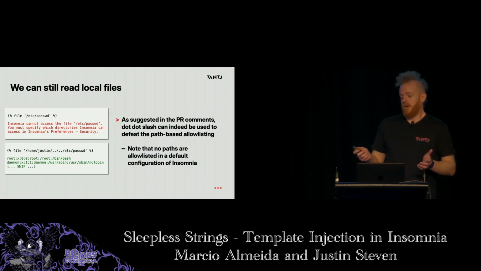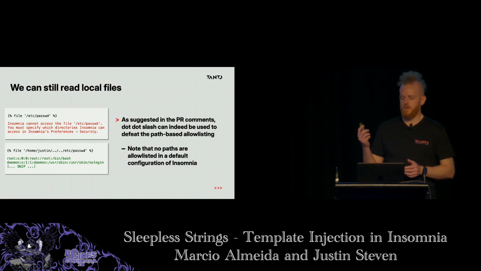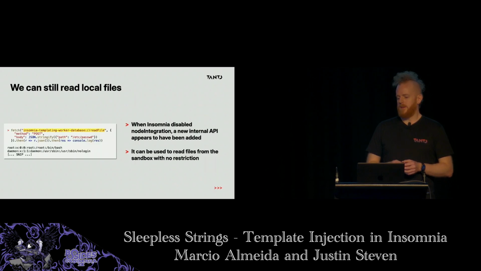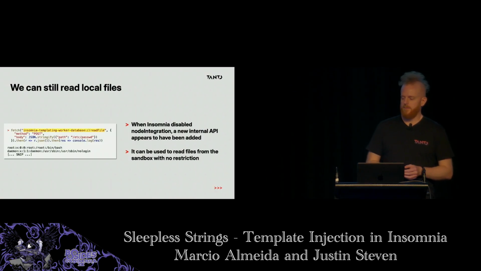We can still read local files. As long as an Insomnia user's added a path to their allow list for the file read, we can use .. to then burrow back up to where we want to be. But that doesn't really matter anyway. There was a new API added with the disabling of node integration that wasn't protected by that anyway. So we can just head straight for that internal API and read arbitrary files.